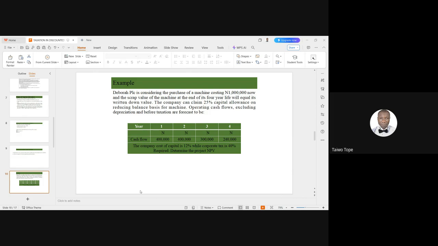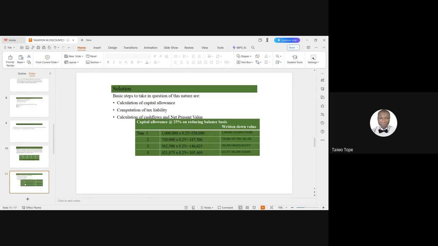Now, the balance is what you calculate 25% on for year two. In that way, you keep reducing the balance. But we must know that the scrap value of the machine at the end of its 4 year life will be equal to its written down value. Note that even as we solve.